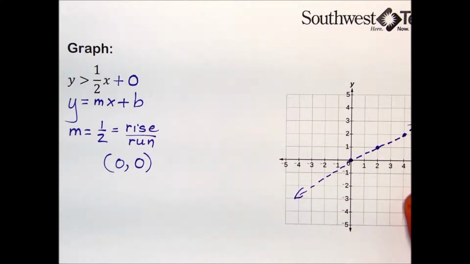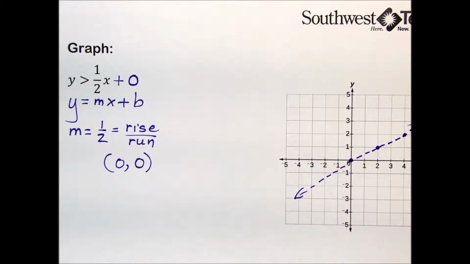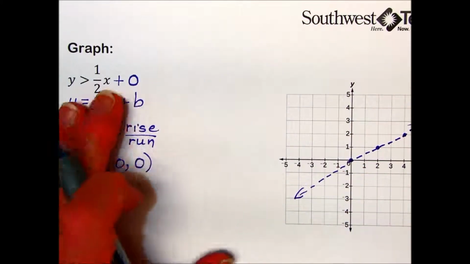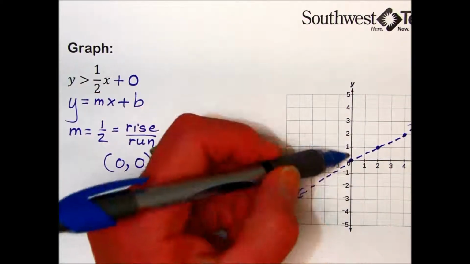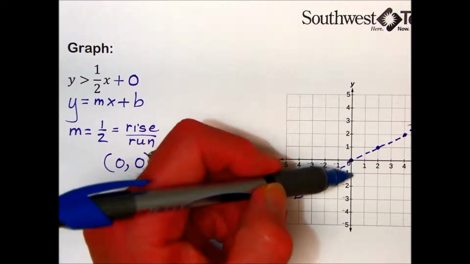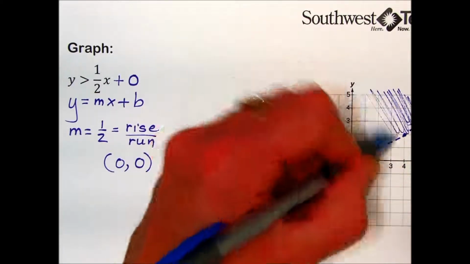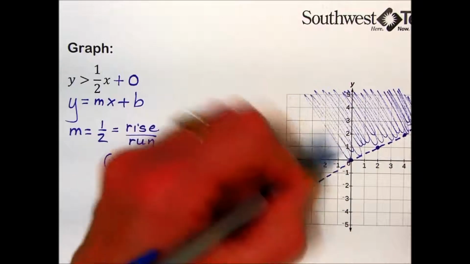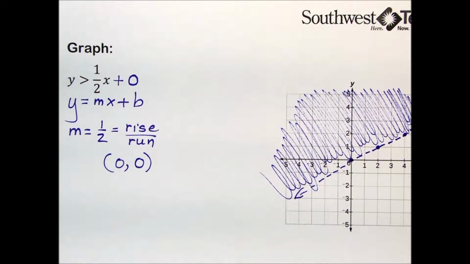It's our boundary, but our solution is not drawn from any of the points that are on the line. What points we are interested in are all the points that have y values greater than the line. And to determine that, look at your y-axis. The values are greater above the line than below the line. And so we would color in or fill in the entire upper half plane for a solution.